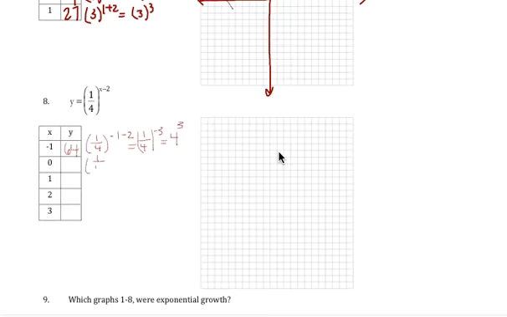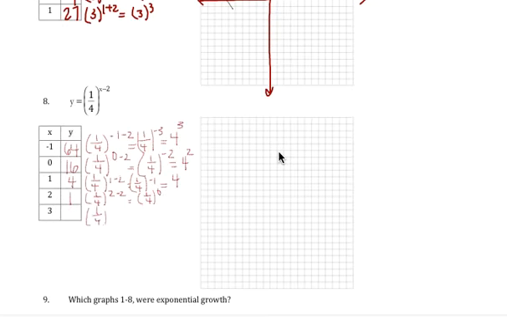Okay, then 1/4 to the 0 minus 2 is 1/4 to the -2 power, which we write as 4 squared, or 16. 1/4 to the 1 minus 2, which is 1/4 to the -1, or just 4, or 4/1. 1/4 to the 2 minus 2, 1/4 to the 0 power is 1.